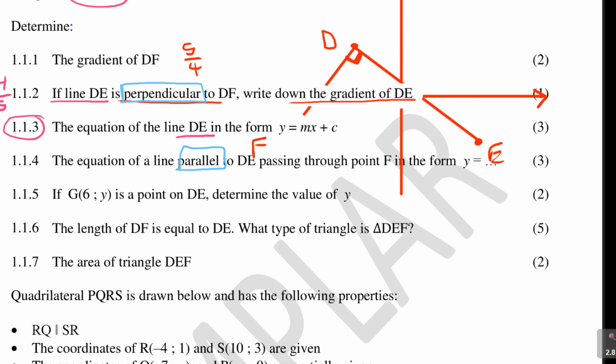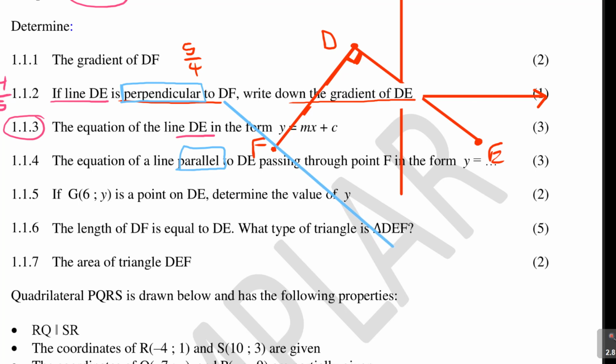So if I bring my point back, you said somewhere here, it was something like this. And somewhere here, we had our point F. Remember that. So now they are saying there is a line that will pass through point F. But it must be parallel. It's more like you've got something like this.